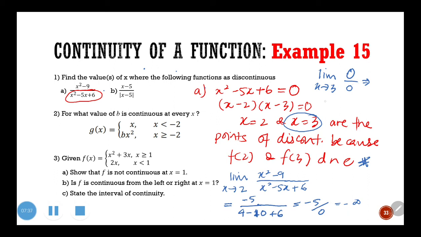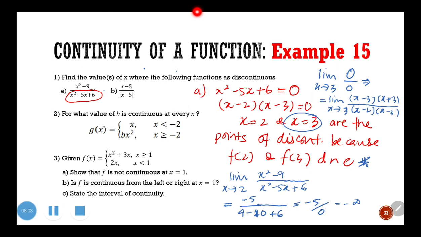Okay, so for this case, we have the limit as x approaching 3 of x square minus 9. x square minus 9, we can factor it, it becomes x minus 3 times x plus 3, right? And then down here, we can factor like before, x minus 2, x minus 3.